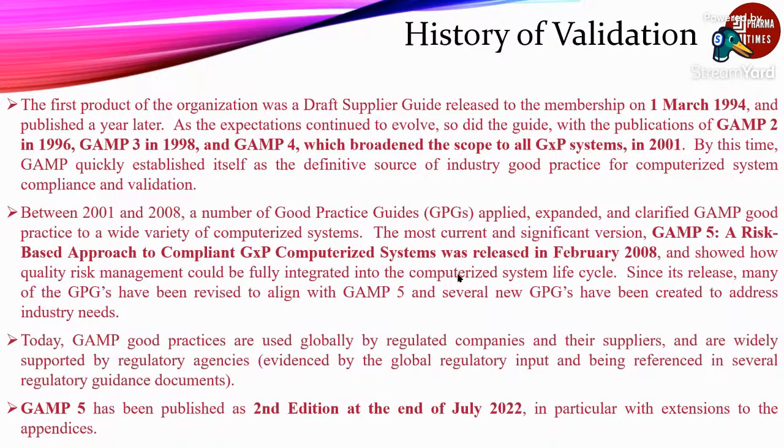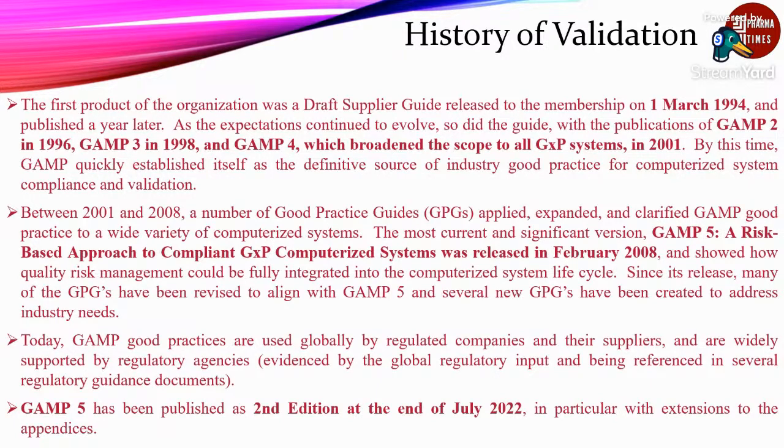Since it was released, many GPGs have been revised to align with GAMP 5, and several new GPGs have been created to address industry needs. It means after the GAMP 5 release, many regulatory agencies comply with GAMP 5 to harmonize the system and harmonize thinking for validation.